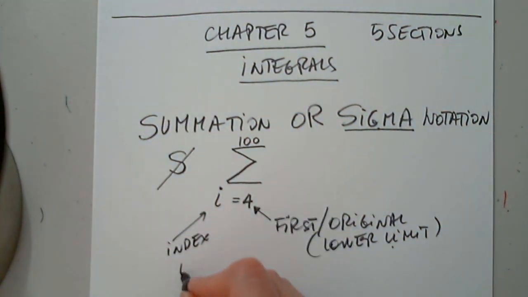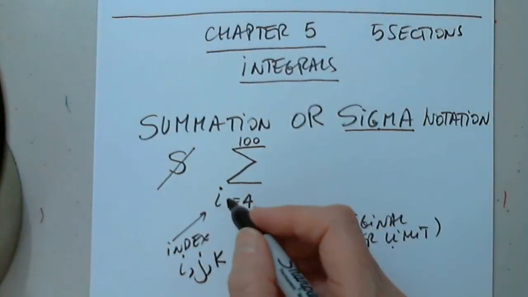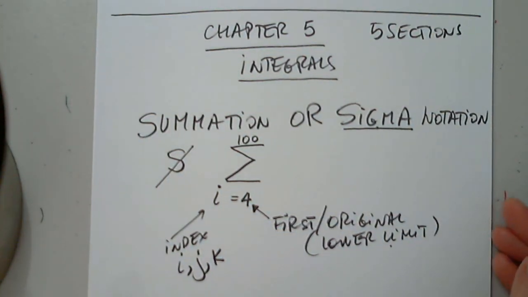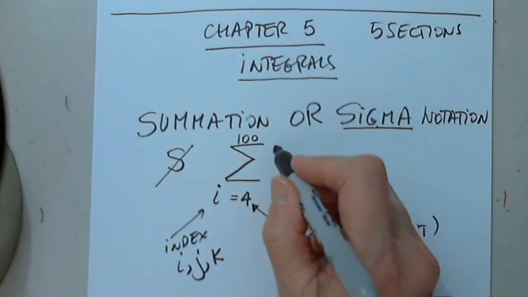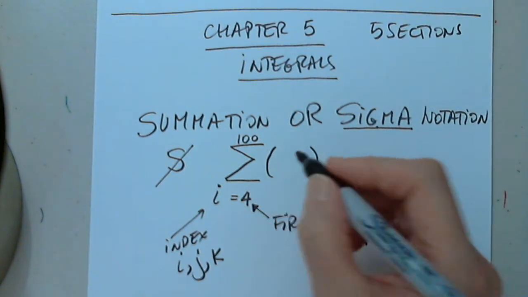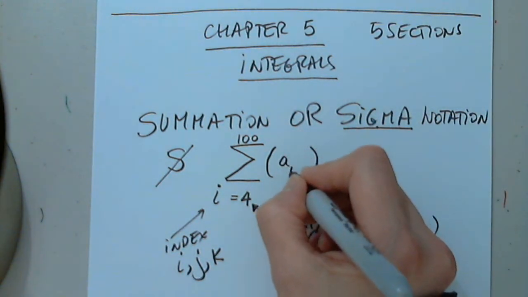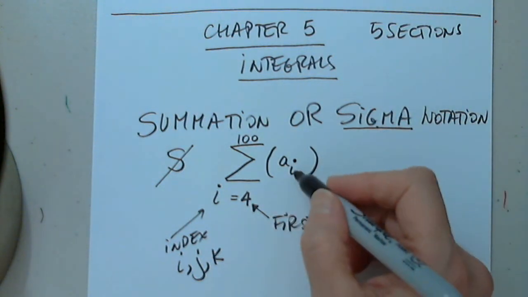The index is normally i, j, or k. Can you use a? Good luck. Same thing. There is no problem. And something has to follow here. So let's say a sub i. This is a generic term.